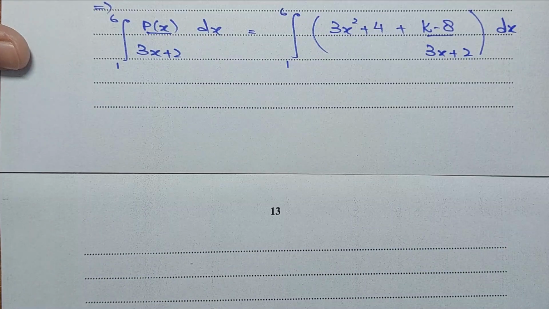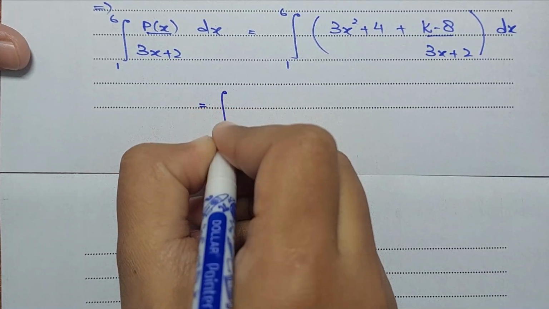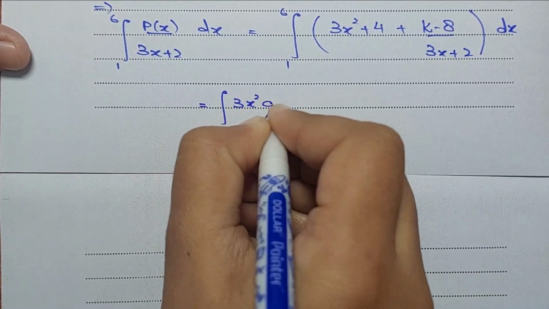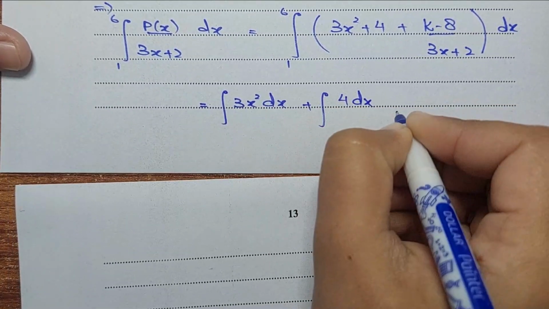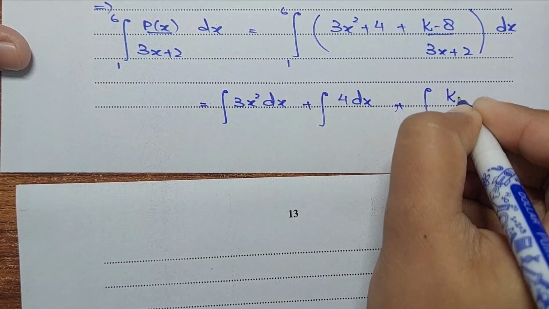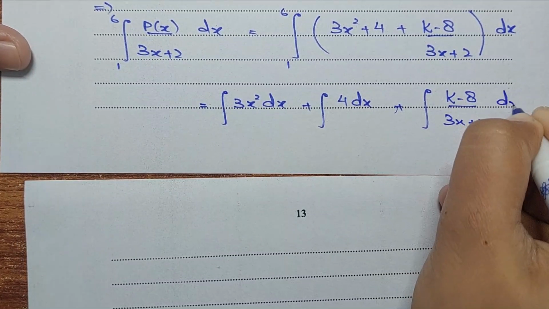Now we need to simplify, split the integral into the integral of 3x square dx, the integral of 4 dx, plus the integral of k minus 8 over 3x plus 2 dx.